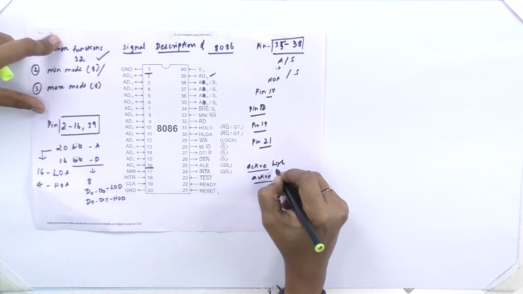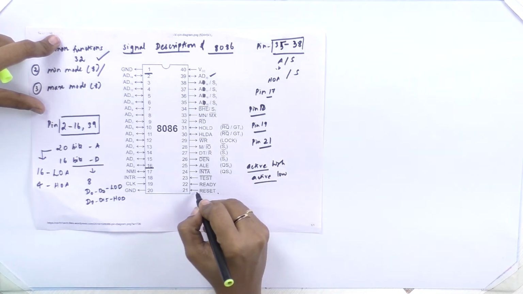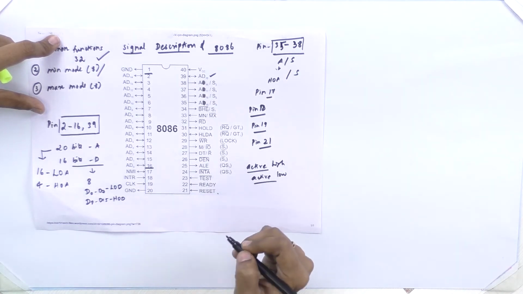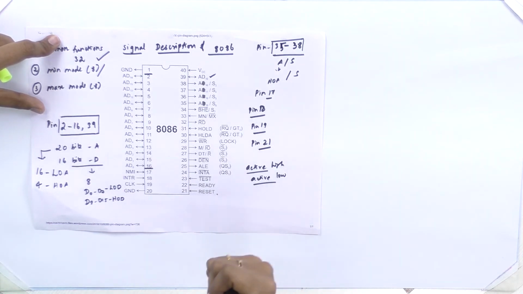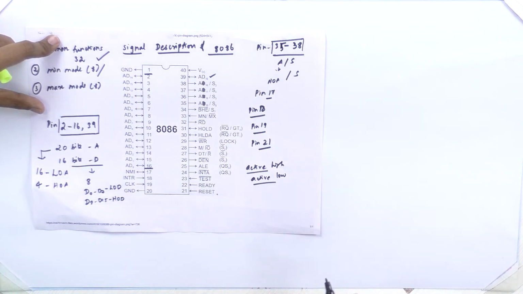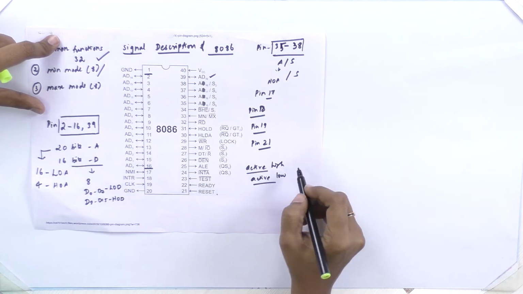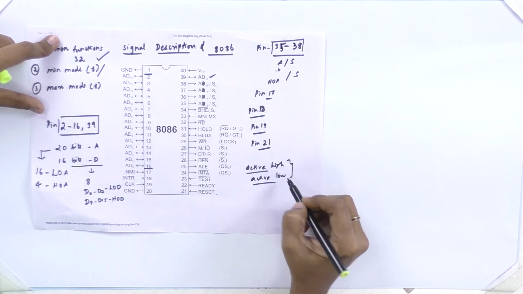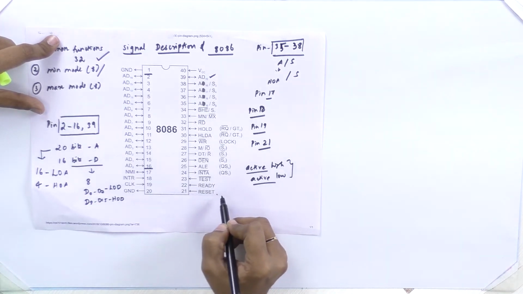Recall that active high means when any active high pin gets the positive power supply, or when logic 1 is applied to this pin, then it executes its corresponding function. If the pin is active low, then it will execute its basic functionality when logic 0 or negative power supply is applied over that pin. So that is the concept of active high and active low pins.